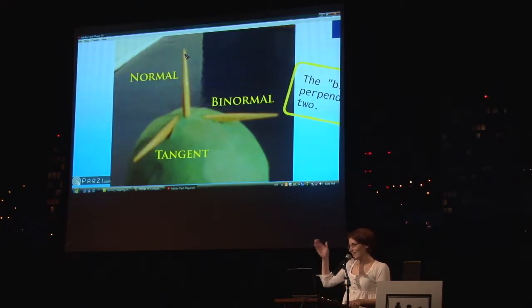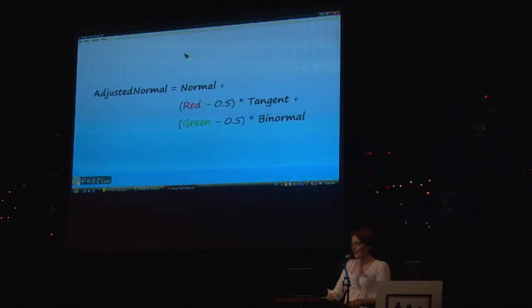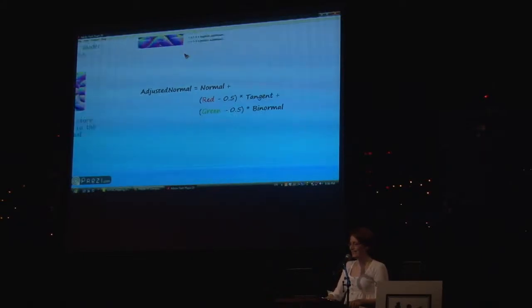And we're going to pass that into that Lambert formula, which we showed you. And that'll give you kind of that contoured look that the normal map gives you. Now, this is the final formula that does what I just said. The adjusted normal is normal plus red minus 0.5 times the tangent. Now, this is the normalized tangent, so it's tangent hat, plus green minus 0.5 times the binormal hat.